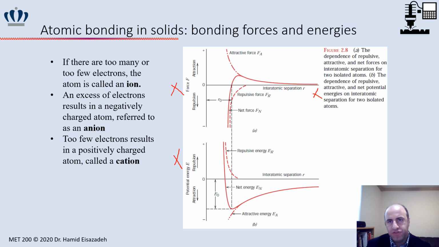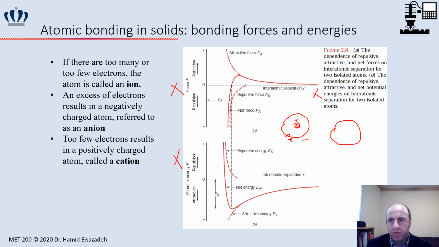Why do we have attraction, or why do we have repulsion? The reason is that when you have two atoms, the center nucleus has a positive charge, right? And the outer shell, where electrons are located, has a negative charge.